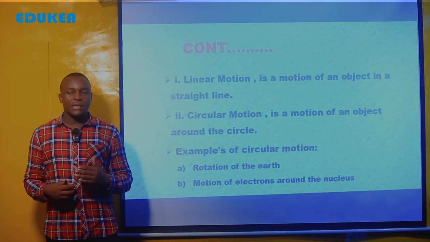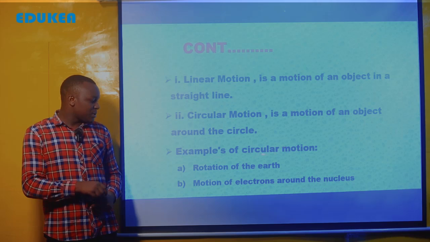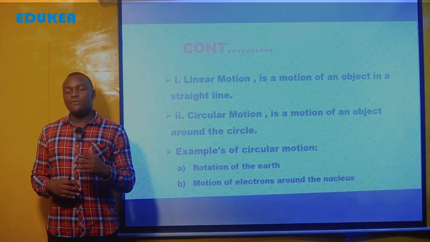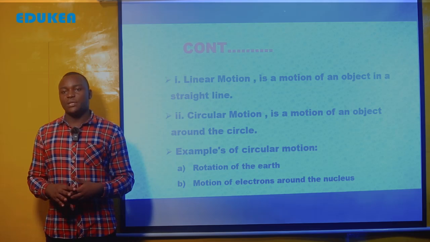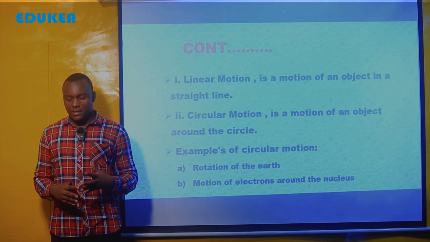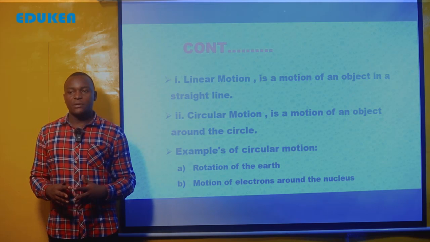Example of circular motion, we can talk about the rotation of the earth. As we see the earth rotating, that is circular motion. So rotation of the earth is among the examples of circular motion of an object.